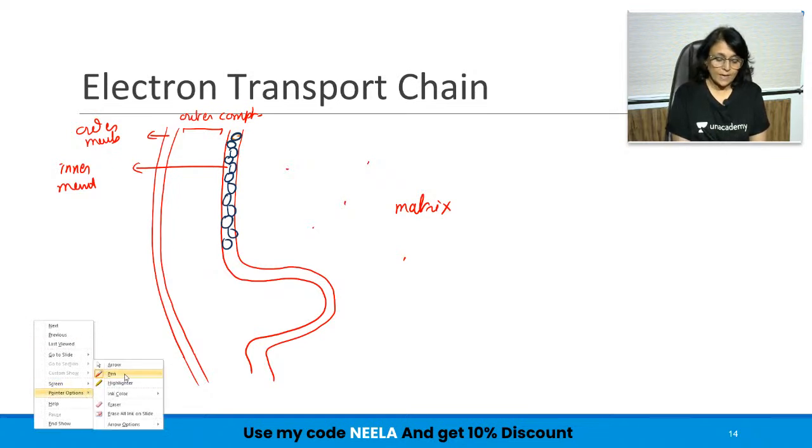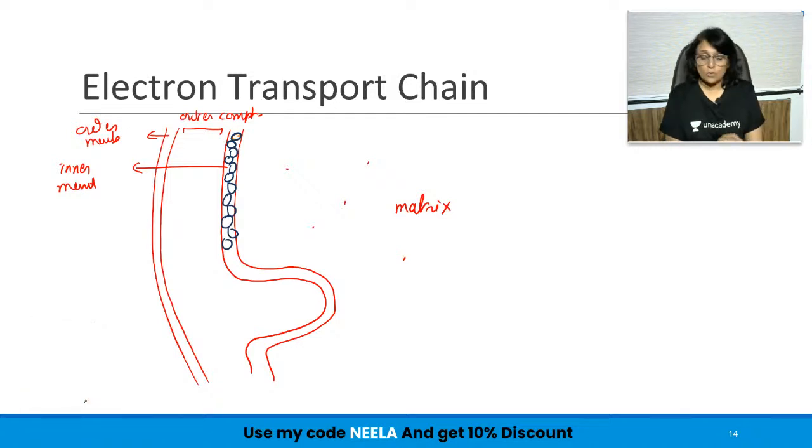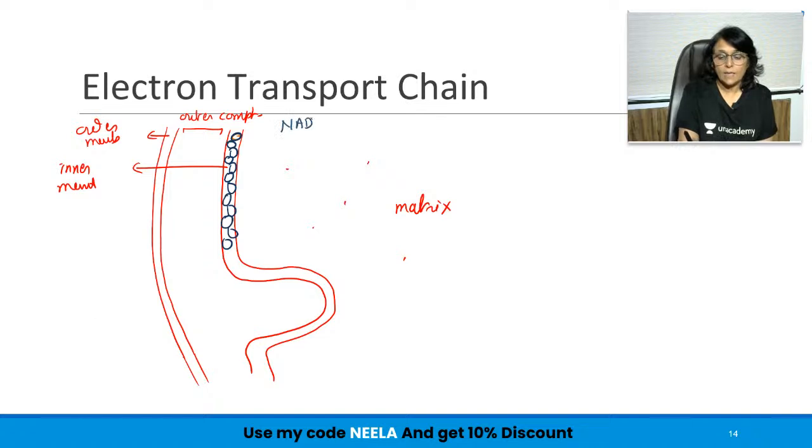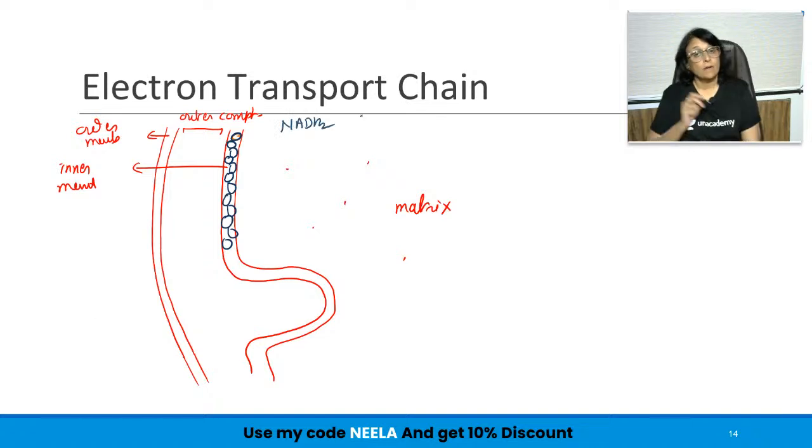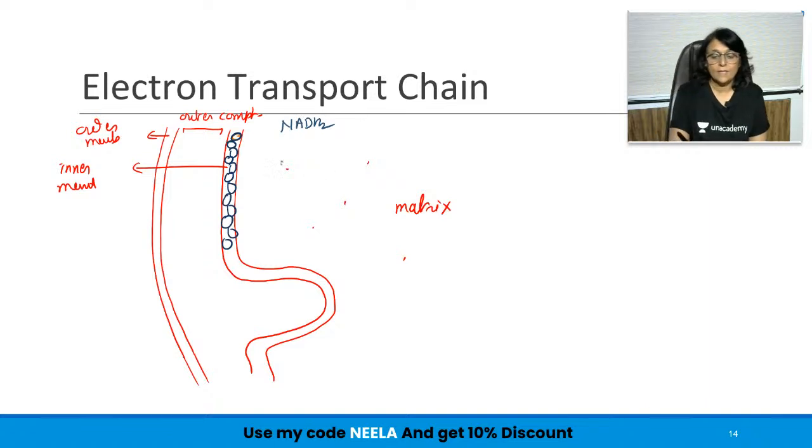Now where is this electron going to come from? The electron comes from NADH2. Where did we get NADH2 from? We got NADH2s from various places. Link reaction also gave us NADH2, Krebs cycle also gave us NADH2, and this is the matrix.